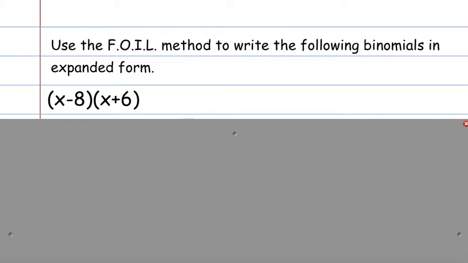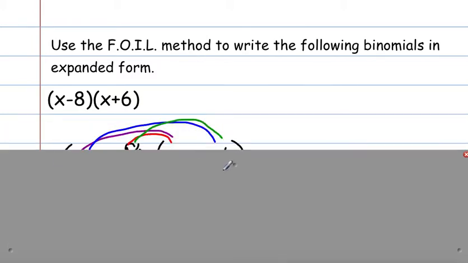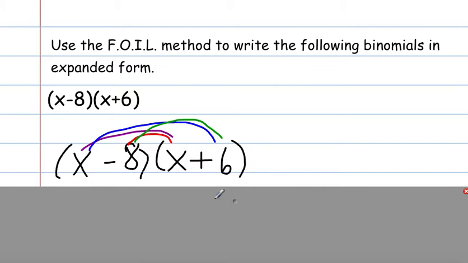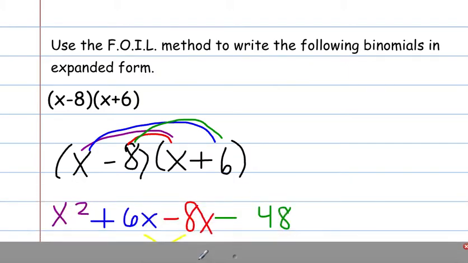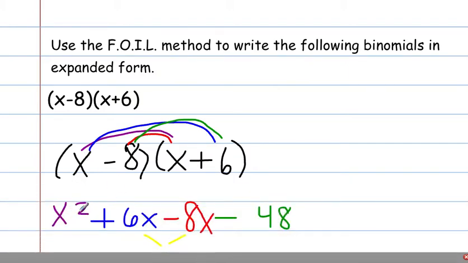Moving on to the next one, we're going to use the FOIL method to write the following binomials in expanded form. If you look, I did the FOIL method for us. We have an x squared, which is our first step, our first terms.